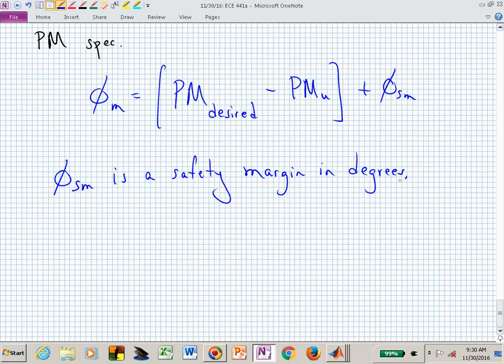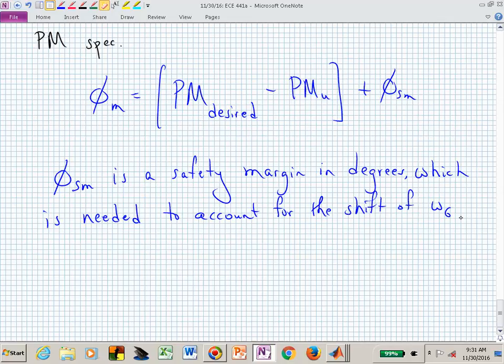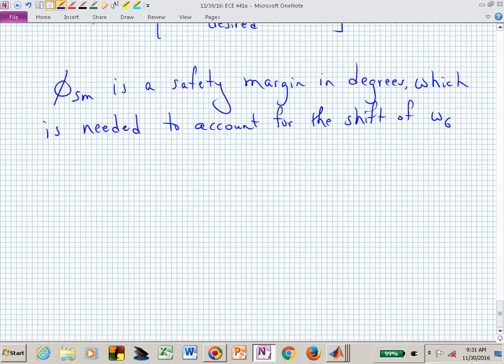in degrees, which is needed to account for the shift of omega sub g. And omega sub g actually went to a higher frequency with the omega sub c prime.